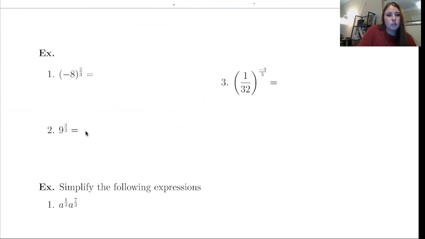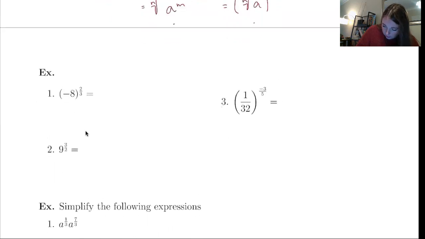Where is my cheat sheet? There we go. So I think it's best to take the root first and make the number smaller, and then take the power, the numerator of the exponent, afterwards, because I don't really want to take the cube root of 8 squared. That sounds very hard. I want to square the cube root of 8. So I'm going to write this with parentheses, which tell us what to do first. So we'll do that 1 over 3 and then squared. So -8 is my base here.